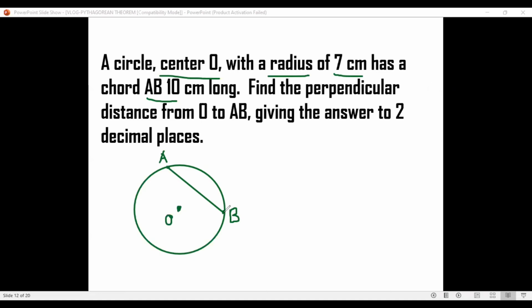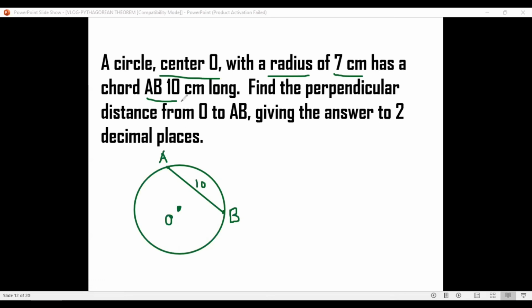It's just a special kind of chord because it passes through the center, and we cannot have that here because our chord is not equivalent to 14. If you have 14 as the given chord, that means it is the diameter. It so happened that your AB is equivalent to 10, and the radius is 7.